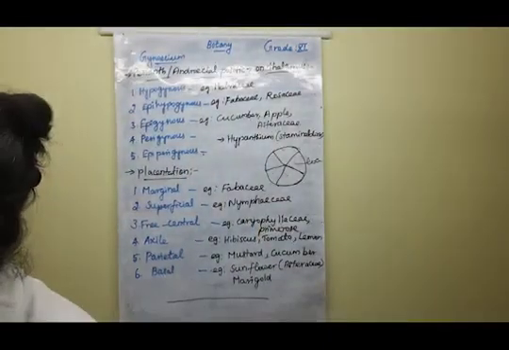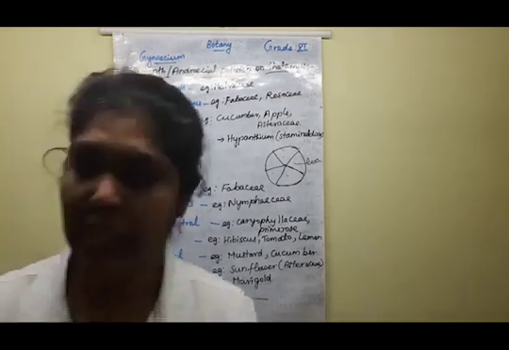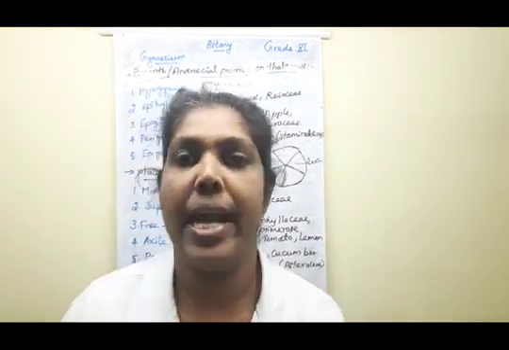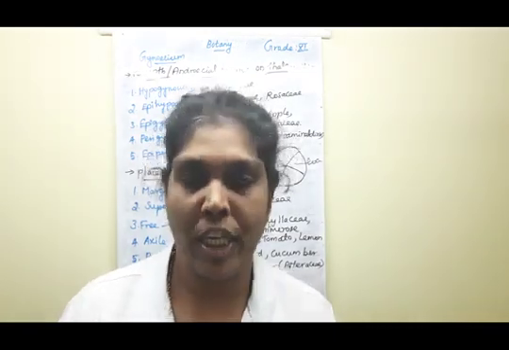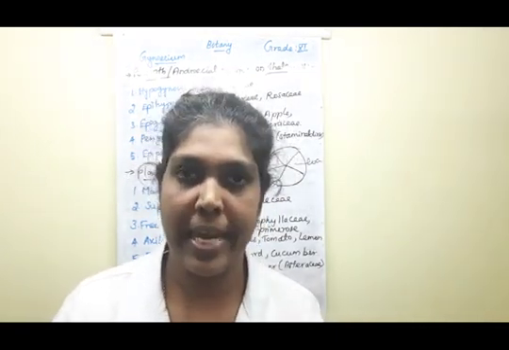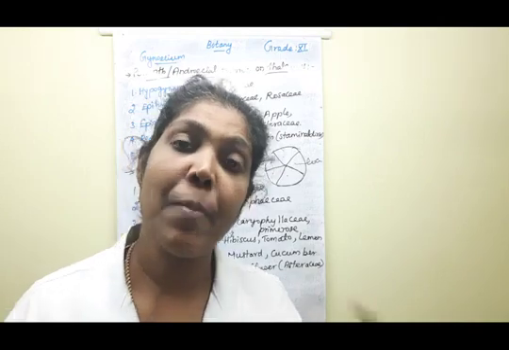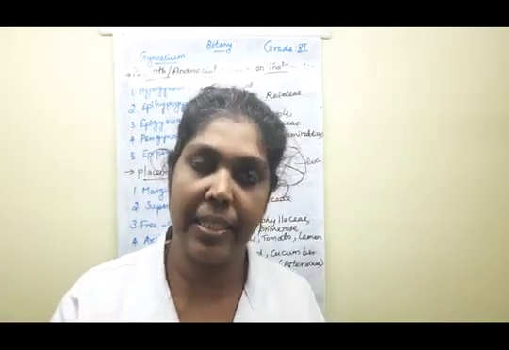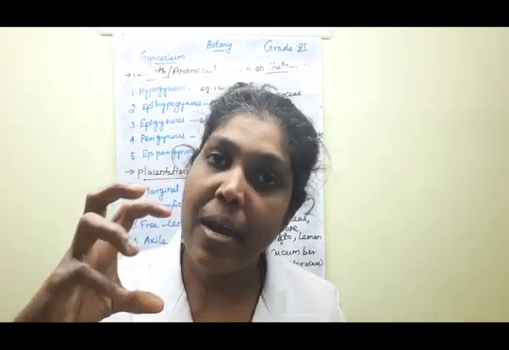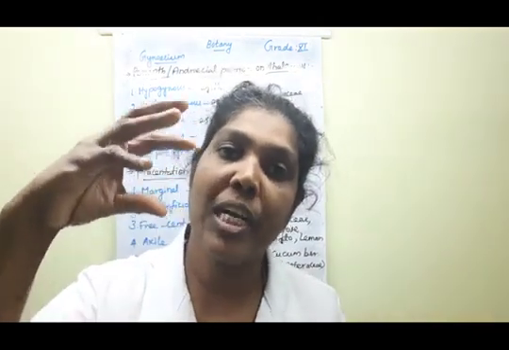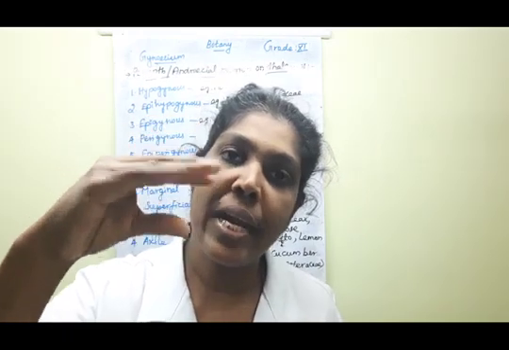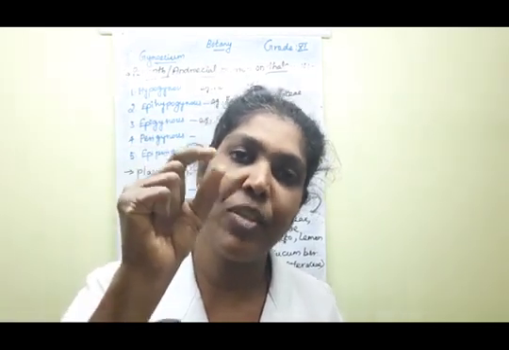Next we are going to learn one of the important topics regarding the gynoecium, children: placentation. What do you mean by placentation? Placenta is a special type of tissue found inside the ovary, the attaching part of the ovule.